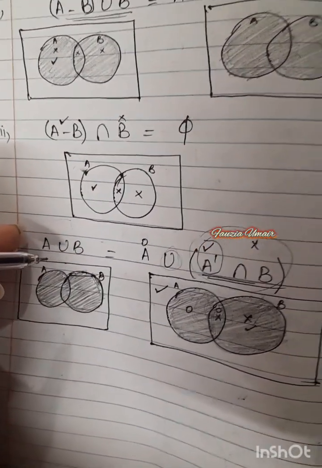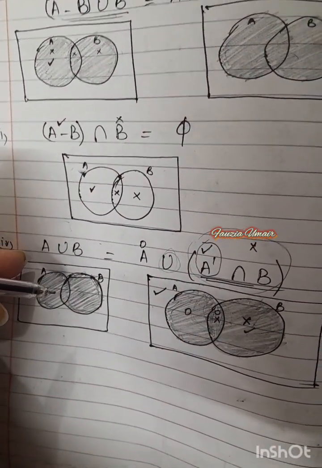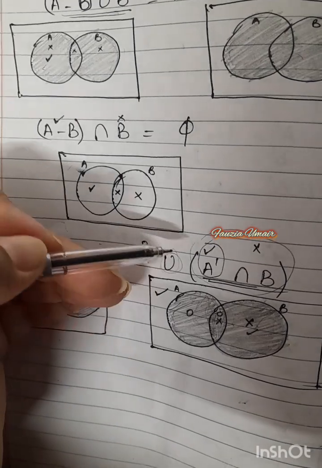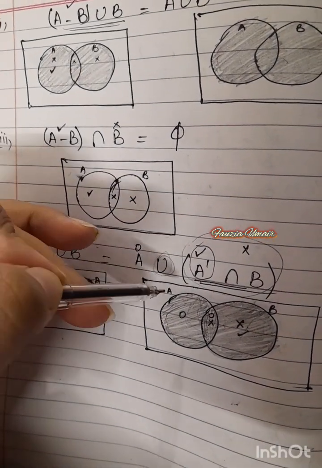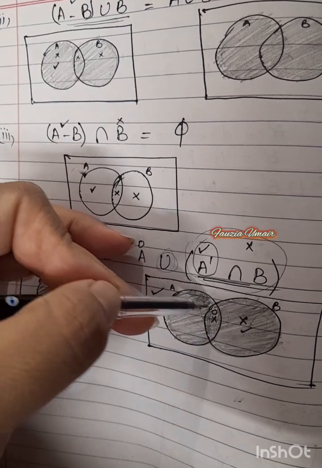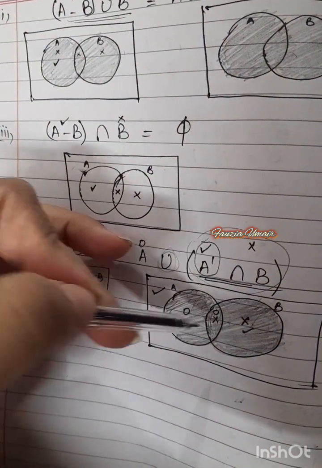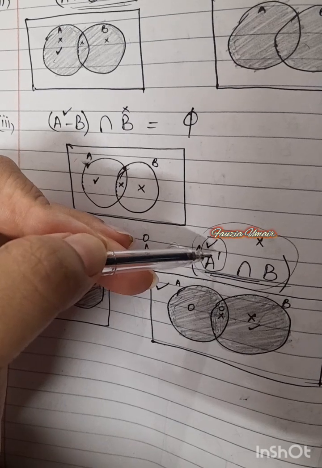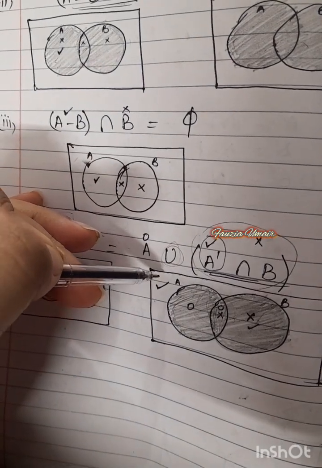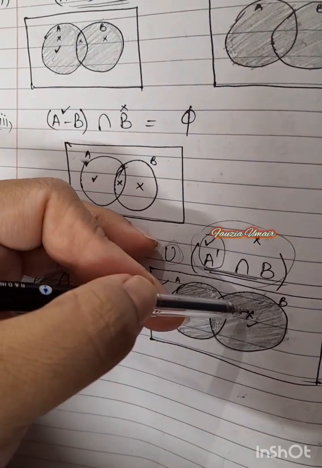The last part is A union B is equal to A union (A complement intersection B). A union B means both the sets. A is represented by a zero. A complement is represented by a tick mark, you can see on your screen.